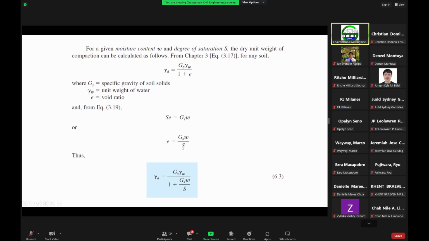So if you transfer the degree of saturation here, we now have the void ratio. Substitute it in this formula, and that gives you equation 6.3. That's for any soil.